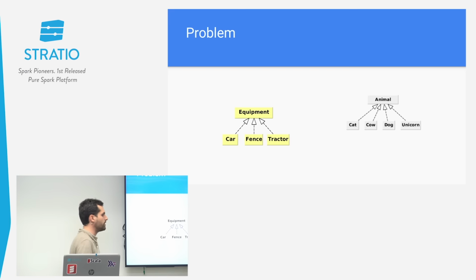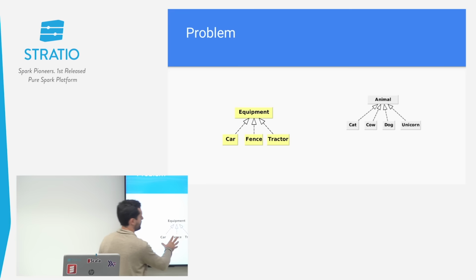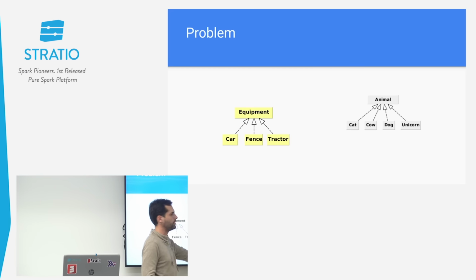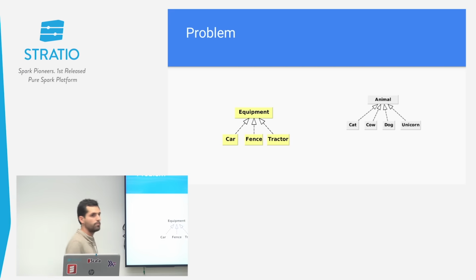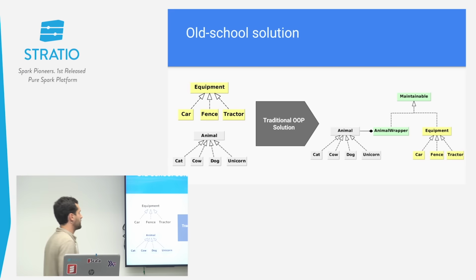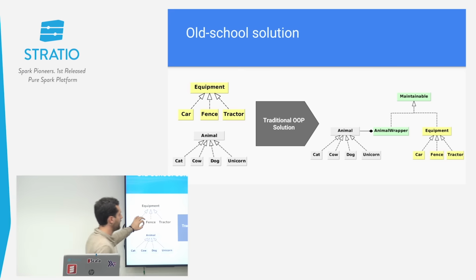You are not the owner of the code containing the definition of equipment, and you are not the owner of the code containing the definition of animals. They are third-party libraries that have been provided to you. So you want to integrate them, to treat them as if they were the same items to be maintained in your farm. A classical solution is this. Where you have equipment from a third party, you can modify it, you can extend it.